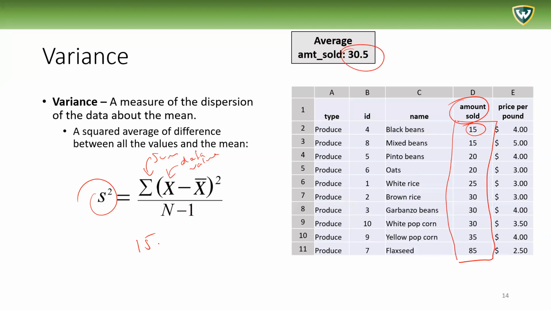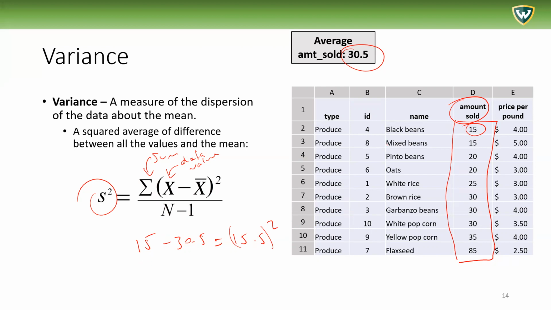So 15 minus 30.5 equals, see, we already got a negative number here, negative 15.5. And then what we do, we square that. And for the order of operations, we don't divide yet, because we want to sum all of this first.